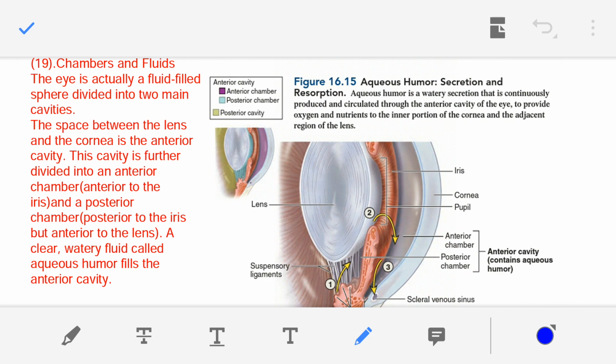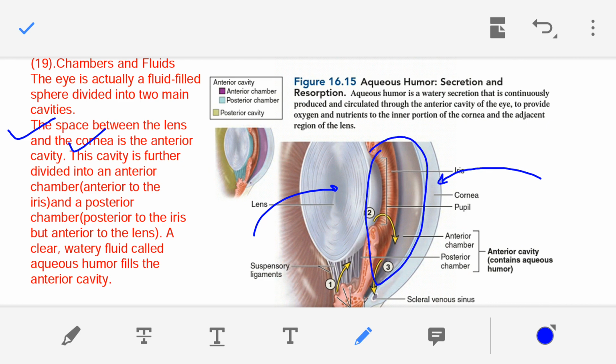One cavity is located in front of our lens, and one cavity is present posterior to our lens. The space between the lens and the cornea is known as the anterior cavity.